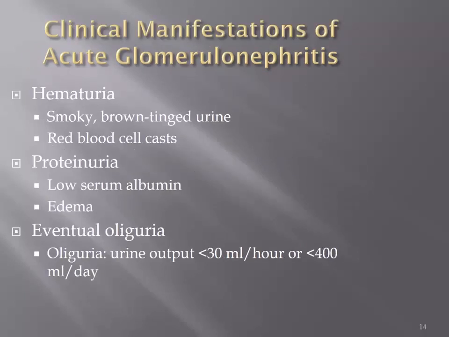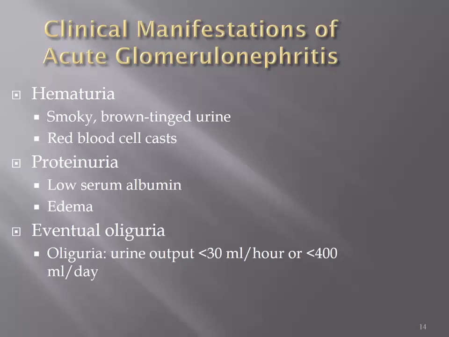So what are the clinical manifestations of acute glomerulonephritis? Hematuria is a troublesome sign which you may notice in the patient with acute glomerulonephritis, while it's often compared or contrasted with the urine of a patient with hepatitis.